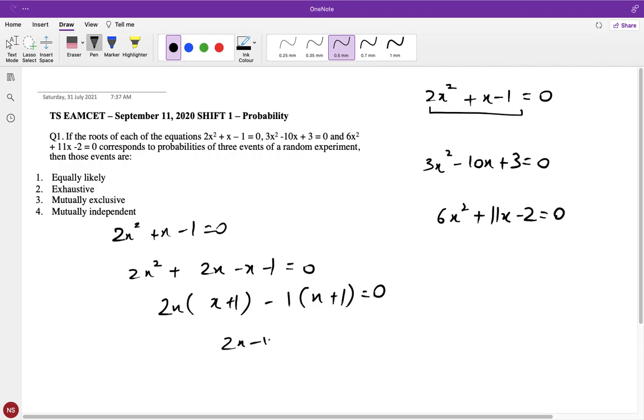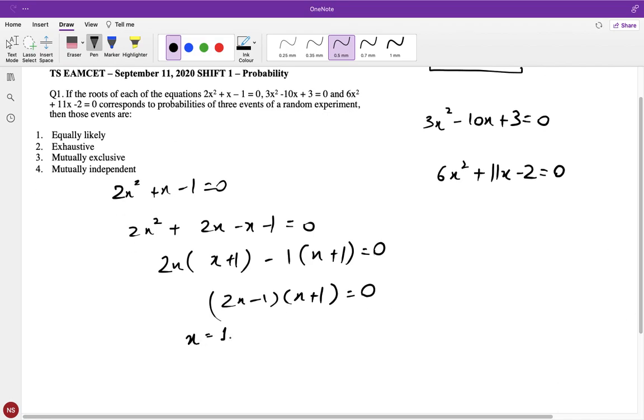So (2x minus 1) into (x plus 1) is equal to 0. So x equals to half or x equals to minus 1. Minus 1 is not a probability. Probability can never be less than 0. So I reject it. So this is the probability for the first event, half.